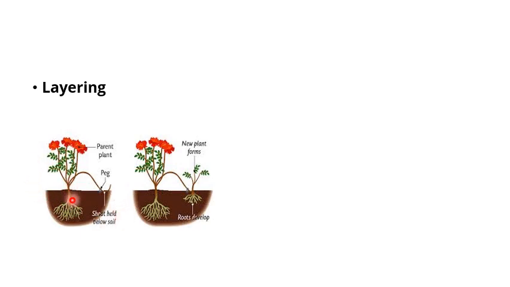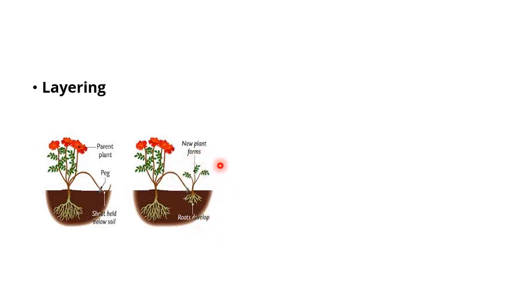Even though it is still attached to the parent, they bend it and cover it with soil. The buried portion develops into roots, and once it is well rooted, it is separated to grow as an independent plant. You can see here they cut this part later and it grows as a new individual plant.